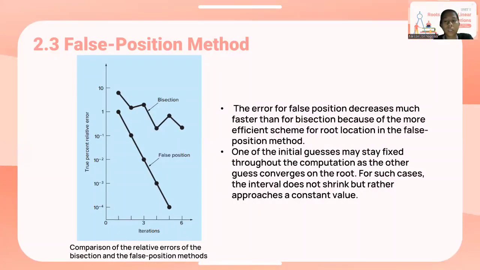One of the initial guesses may stay fixed throughout the computation as the other guess converges on the root. For such cases, the interval does not shrink but rather approaches a constant value.